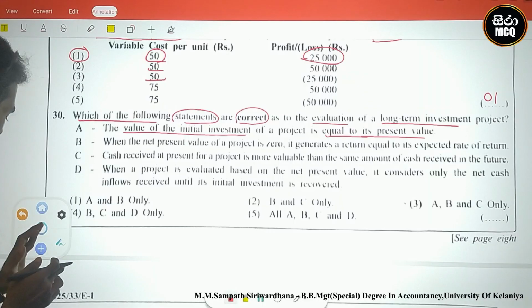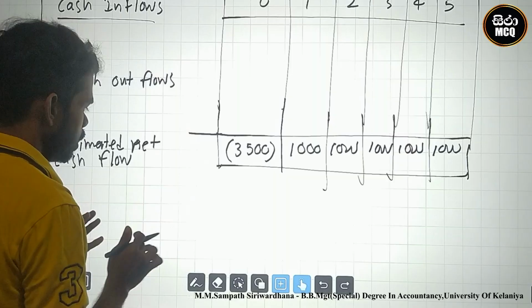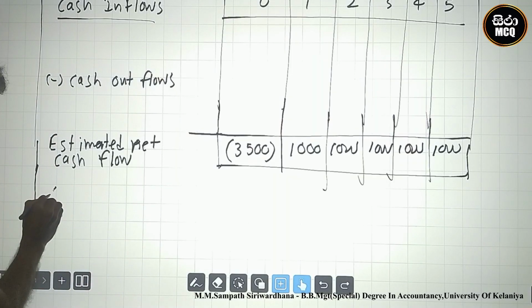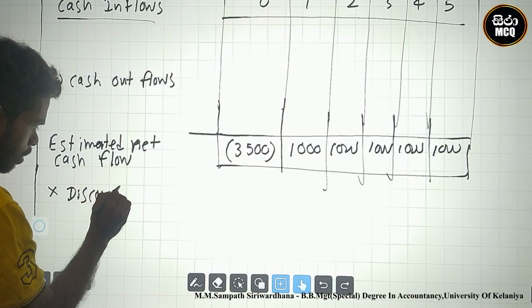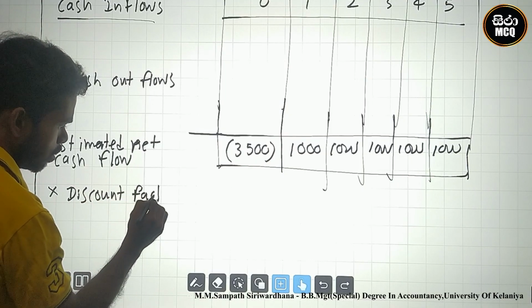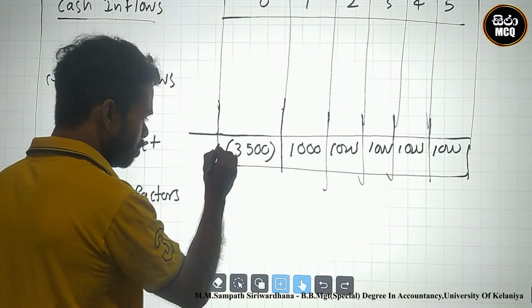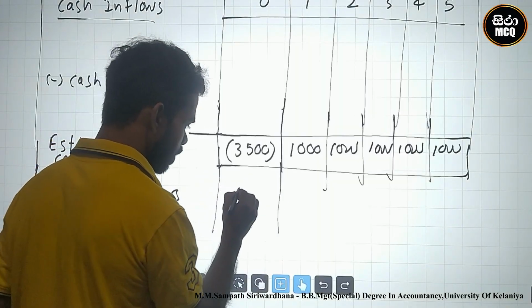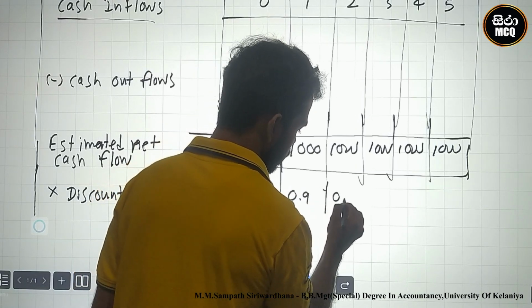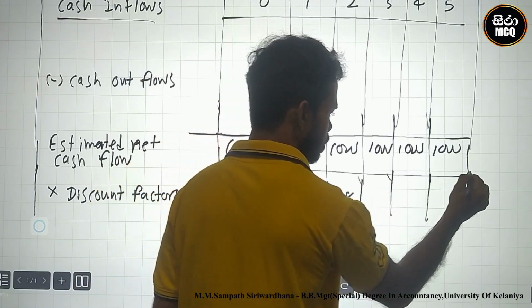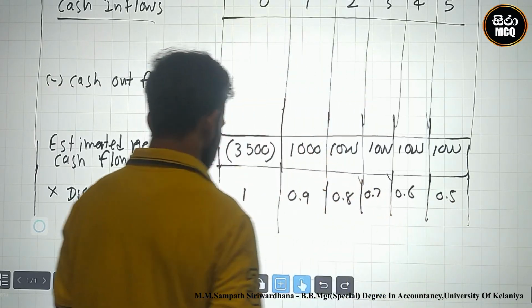After preparing this statement, you multiply these by the discount factors. Why? To find the net present value. You know the discount factors: year 0 is 1, then 0.9, 0.8, 0.7, 0.6, 0.5.